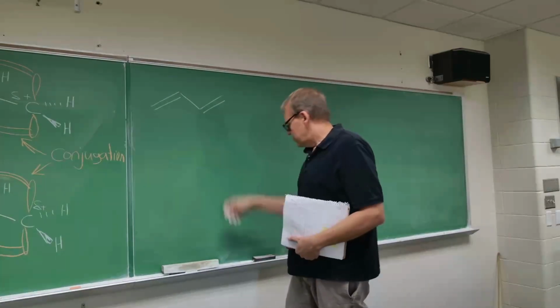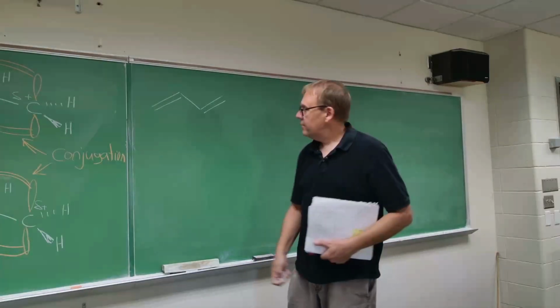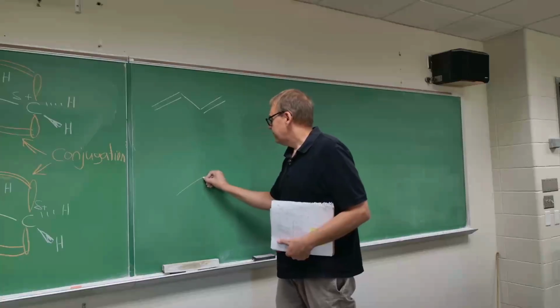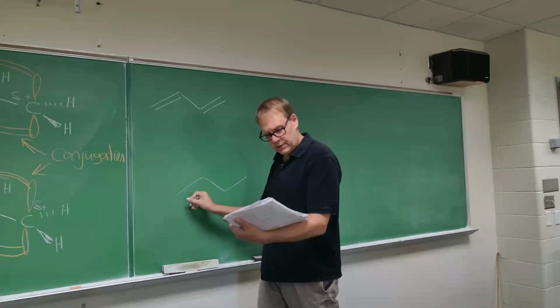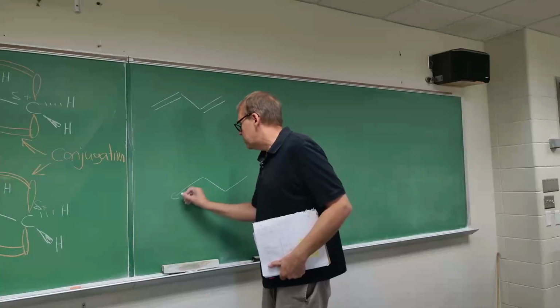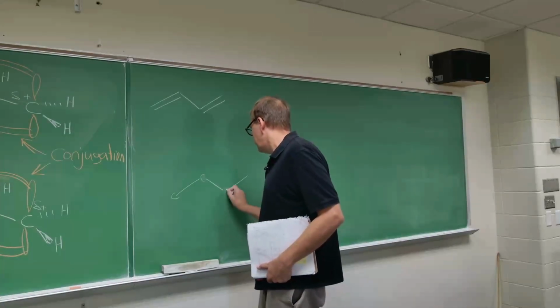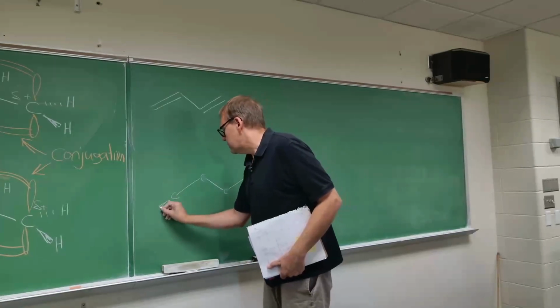This is the Lewis structure of it. If we were going to draw a molecular orbital diagram of it, I would draw that like this. I would show p orbitals on every one of these positions, so I'm going to draw the carbons in on all these atoms. I'll draw the hydrogens in.